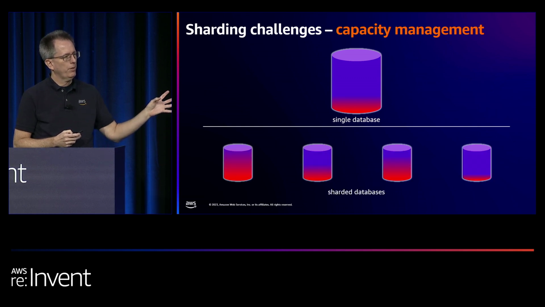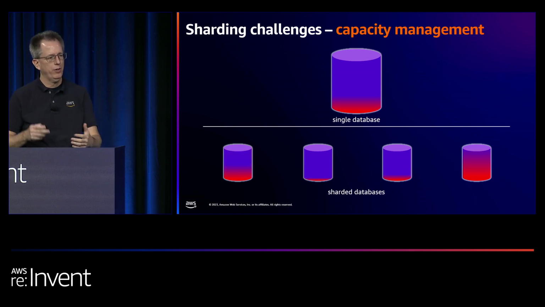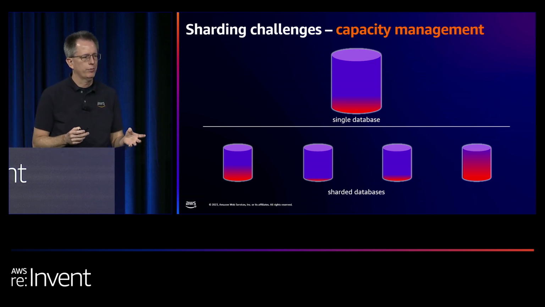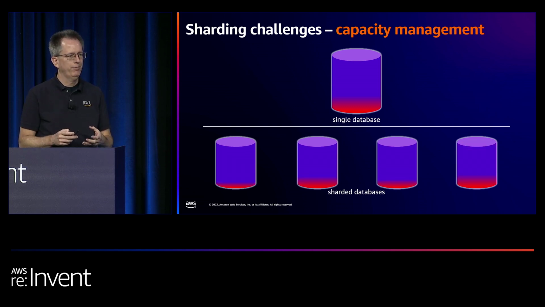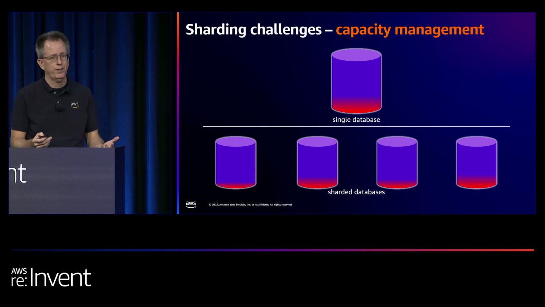But on sharded, you'll see that you have heat in different places, right? And that heat's going to move around during the day or during the week or during the month. That causes a lot of problems because you're in this small bucket, so it's really easy to overwhelm one of those. So what happens? People end up with bigger buckets, right? Bigger containers. And that costs you money, right? And you're not utilizing that system.